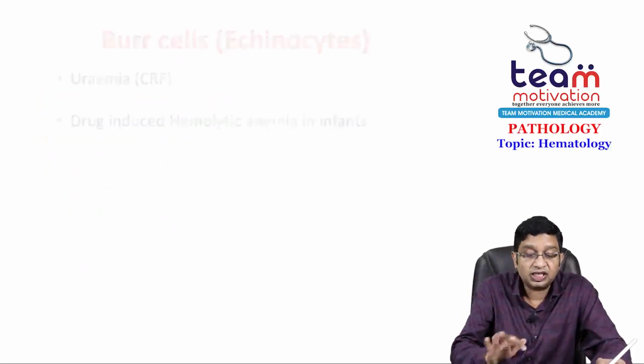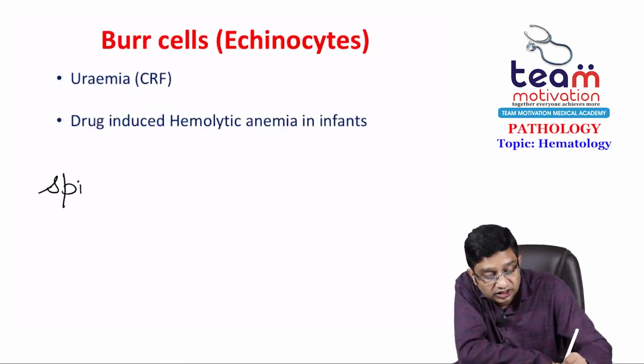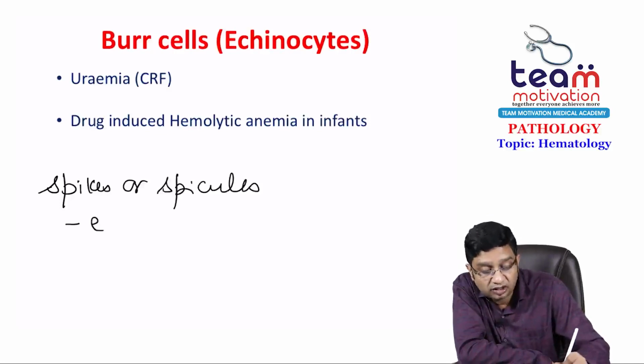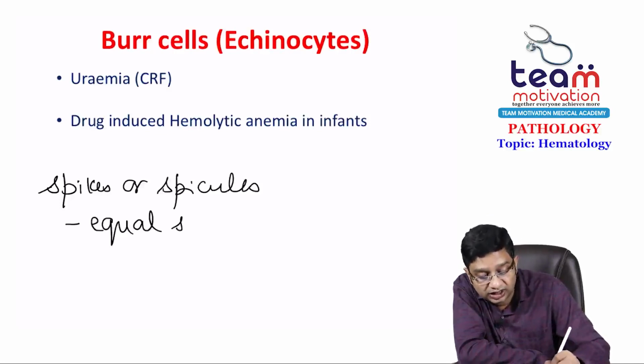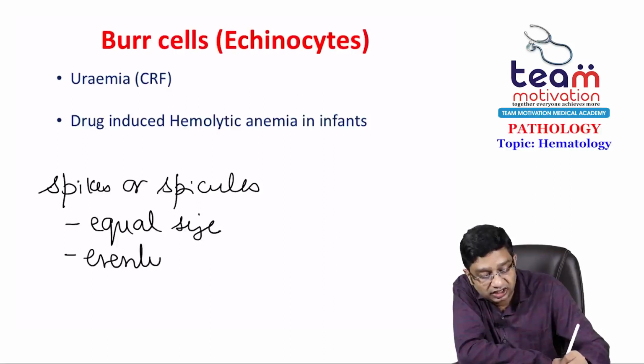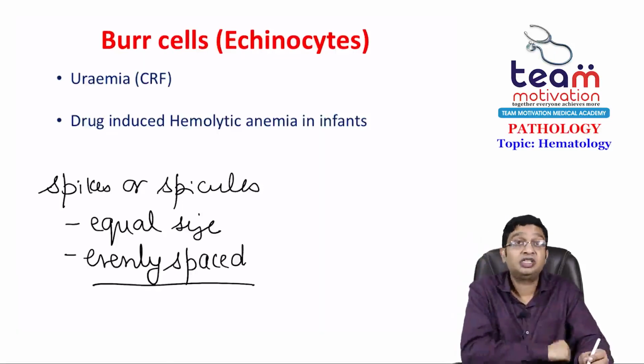Then there is the Burr cell or echinocyte. This also has spikes or spicules, but they are of equal size and evenly spaced.